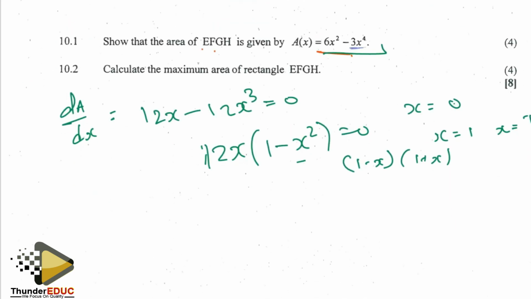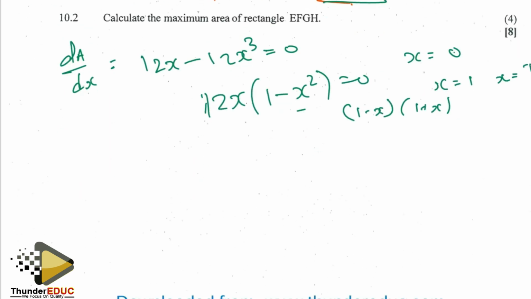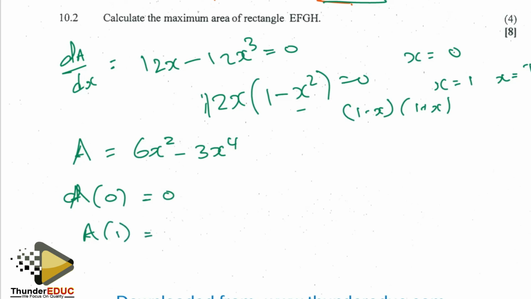Now, the question wants the maximum area. So I'm going to get these numbers and substitute them into this formula. What is A(0)? That's 0. If I use A(1), that's going to be 6 times 1 minus 3 times 1 to the 4.